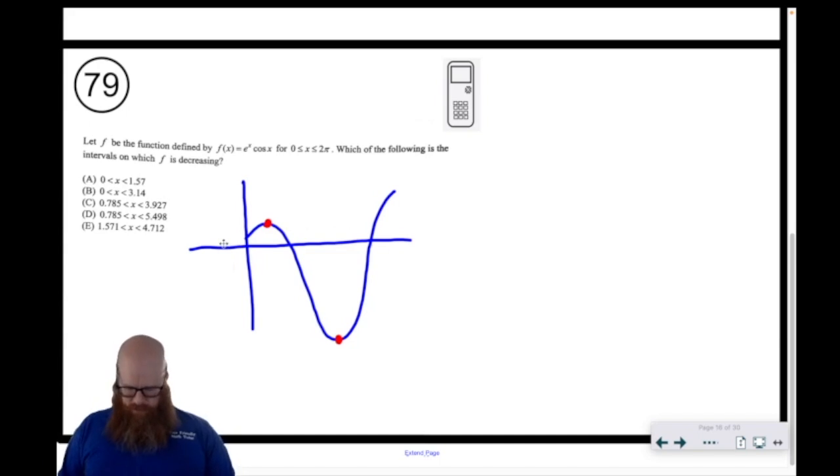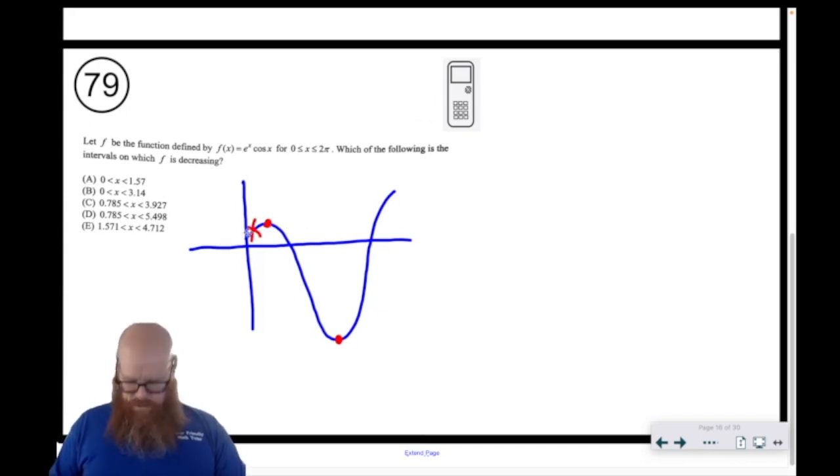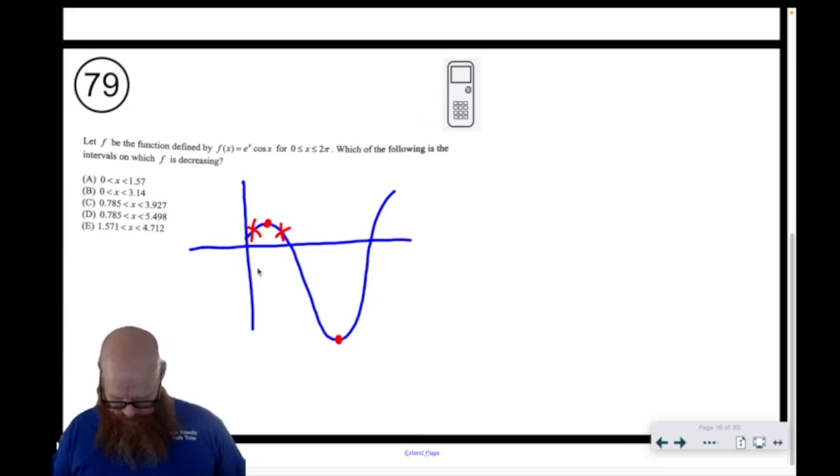So this first value, I will go to second trace, which is our calc button, our calculate button, and I'm going to look for a maximum. So I'm going to hit maximum. It wants left bound. So left bound, I will put somewhere here, and right bound, I will try to get on the other side of that, which is like here, and I hit enter, enter, and I get 0.78.